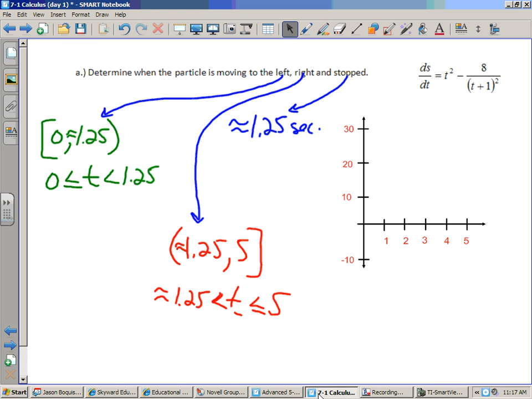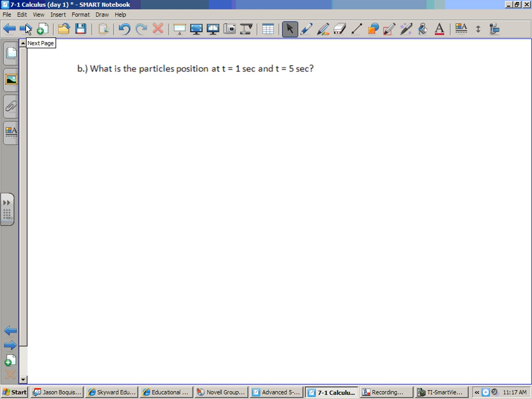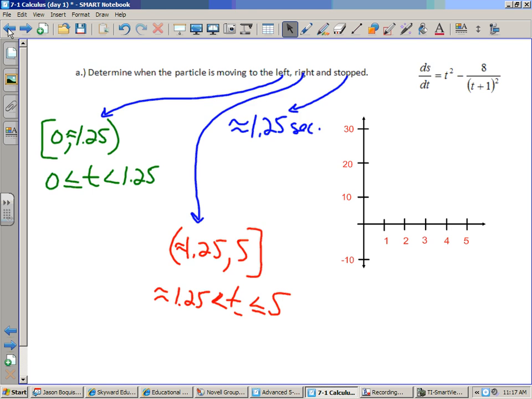What is the particle's position at time equals 1 and time equals 5 is letter B. Well, particle's position. Let's go back to that first one.